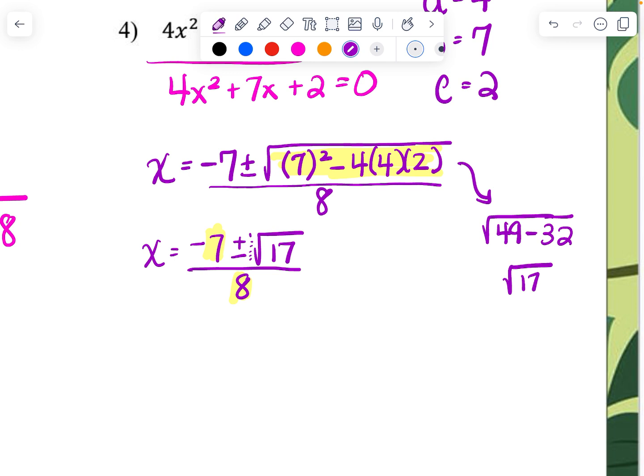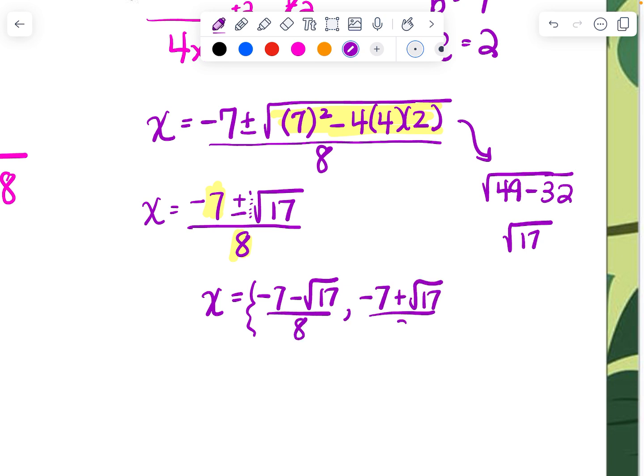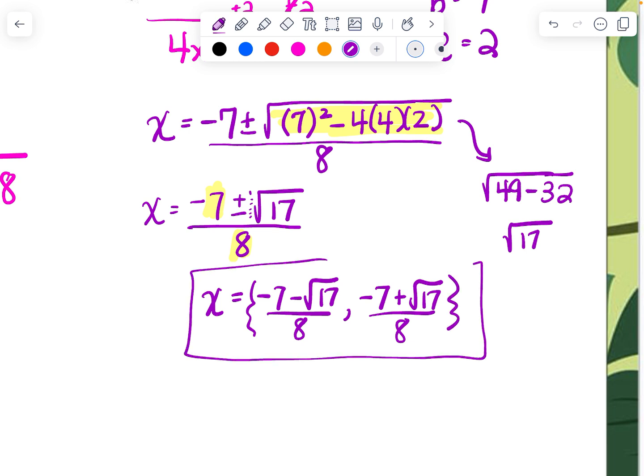It's easier and cleaner to leave it the way it is. So x equals negative 7 minus the square root of 17 divided by 8. That's one solution. And negative 7 plus the square root of 17 divided by 8. Solution set. It shows two clear solutions, and we can see exactly what they are.